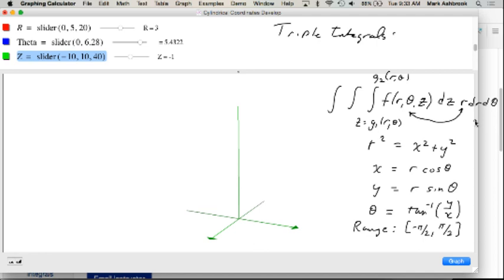Inside, closest to the z-axis, to furthest from the z-axis is our r. And then starting angle to the finishing angle. And it's possible that r could be a function of theta, but usually for our purposes it's not. But it would be possible that these r's could be functions of theta.